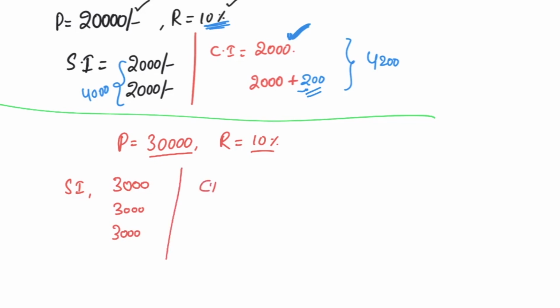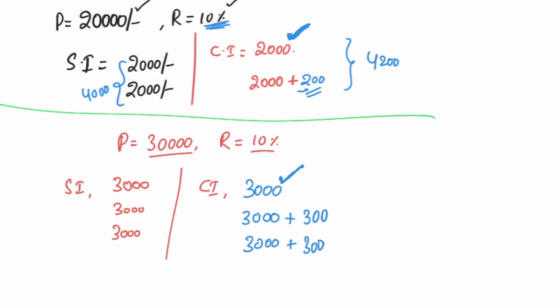But in compound interest, first year 3,000, second year 3,000, third year 3,000. In addition to that, we will get more interest in the second year and third year. See, on this 3,000 first year interest, we will get 10%, that is 300, and 300 for the next years.